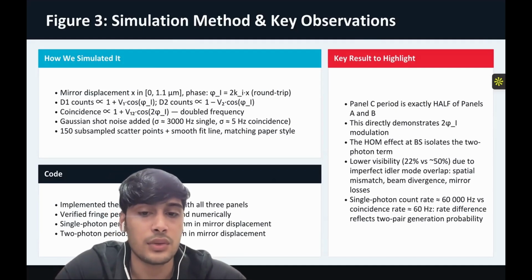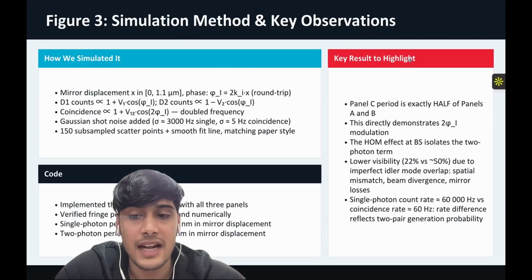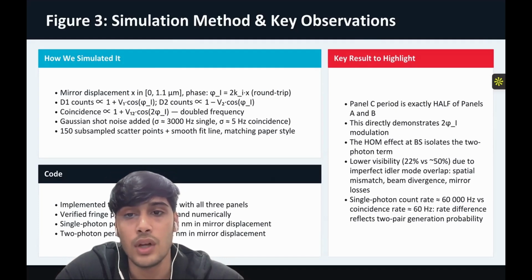The key result to take away: panel C's fringe period is exactly half of panels A and B, and we verified this analytically. Single photon period is lambda I over 2, which is equal to 508.2 nanometers. Two-photon period is lambda I over 4, which equals 254.1 nanometer.